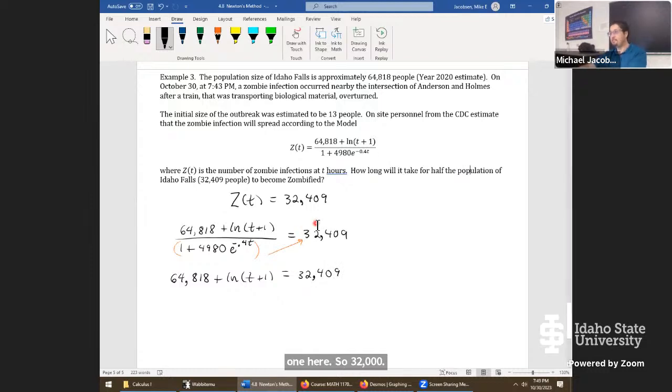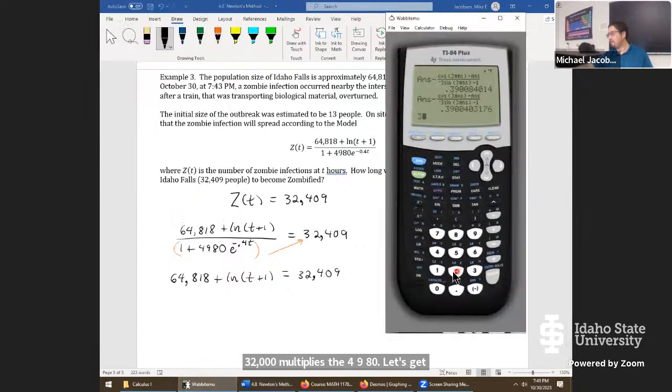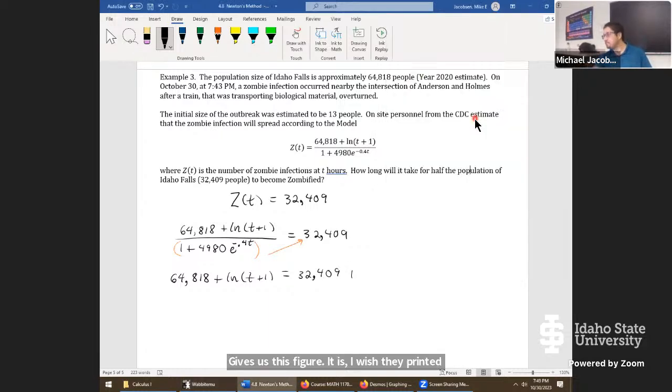Then when we multiply over here, imagine this as a group that we're distributing through. 32,409 multiplies the 4,980. Let's get that value in. 32,409 times 4,980 gives us this figure. It is, oh geez, I wish they printed commas. 161 million.